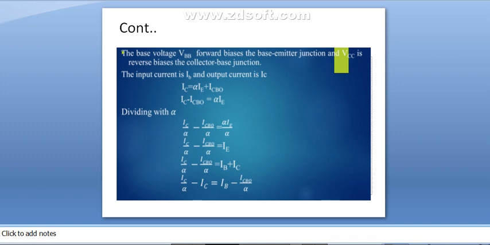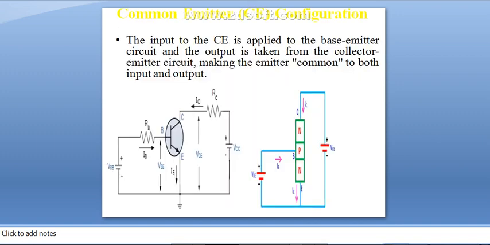Here the base voltage VBB forward biases the base emitter junction and VCC reverse biases the collector base junction. On the output side the positive terminal is connected to N-type material.